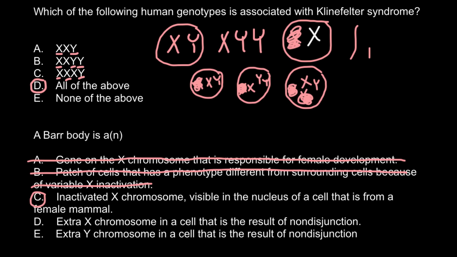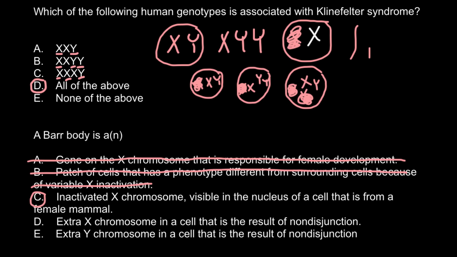Normally we don't find Barr bodies because only one X chromosome can be found here, and it should stay active. But females have 2 X chromosomes, so in the process that we call dosage compensation, one of them randomly would be inactivated. But now let's check the rest of the answers.